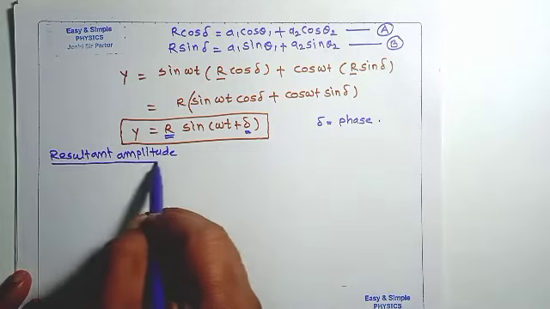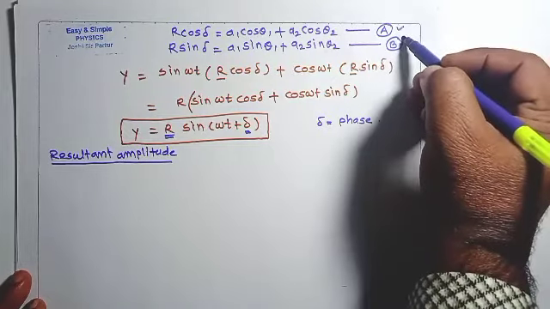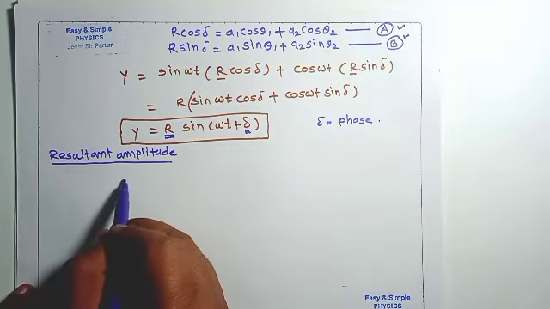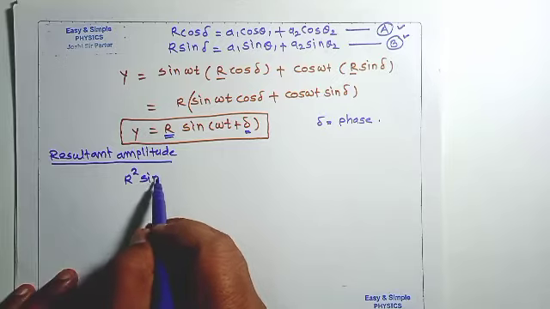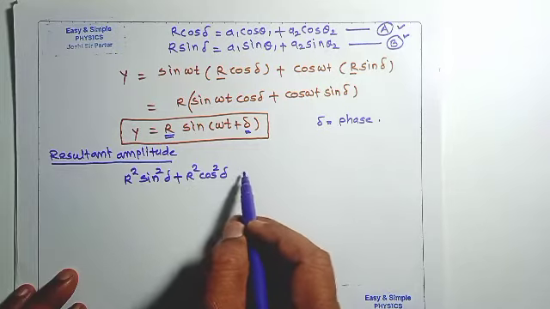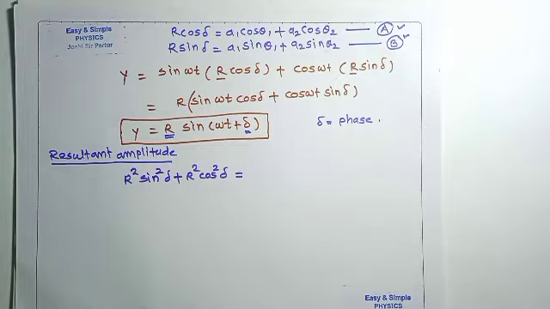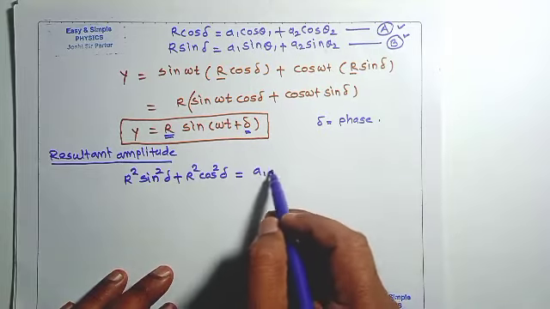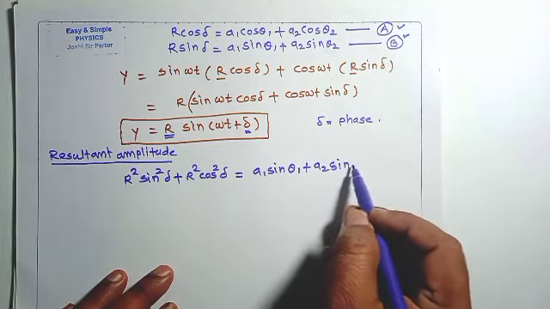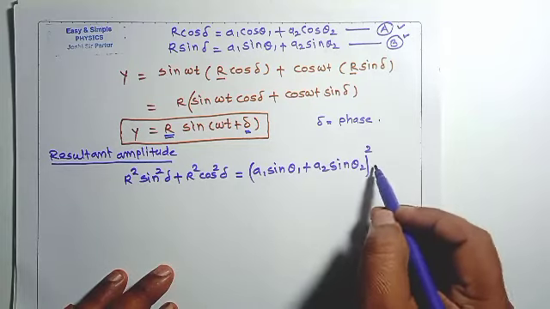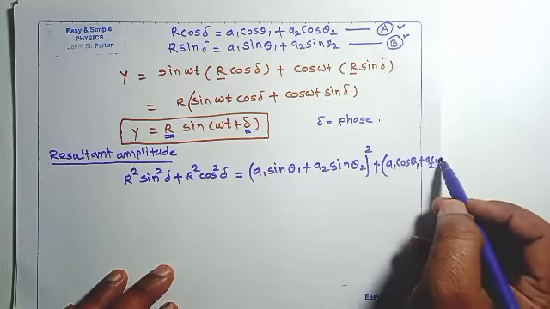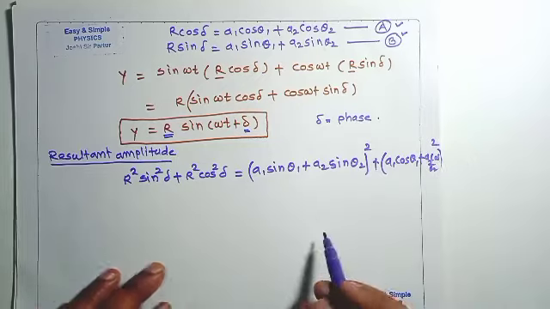For finding the resultant amplitude, square equation A and equation B and add them. See here, R square sine square delta plus R square cos square delta on the left hand side, and on the right hand side it will be a1 sin theta 1 plus a2 sin theta 2 bracket square plus a1 cos theta 1 plus a2 cos theta 2 bracket square.